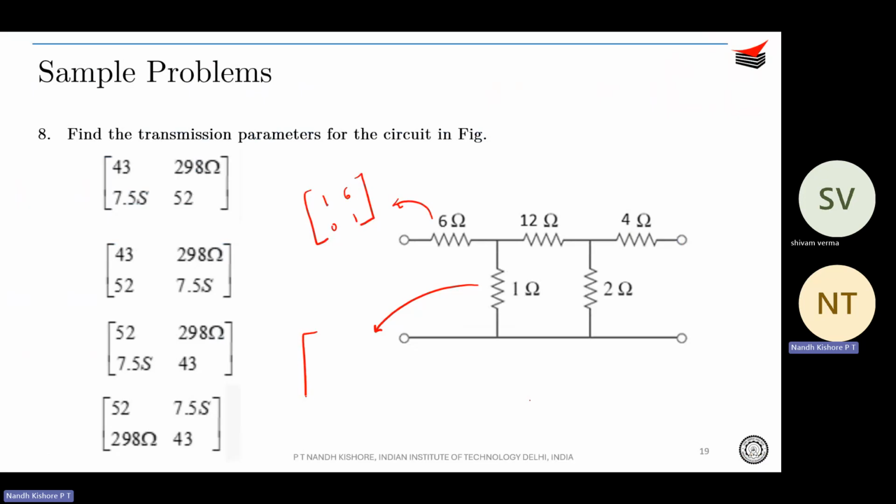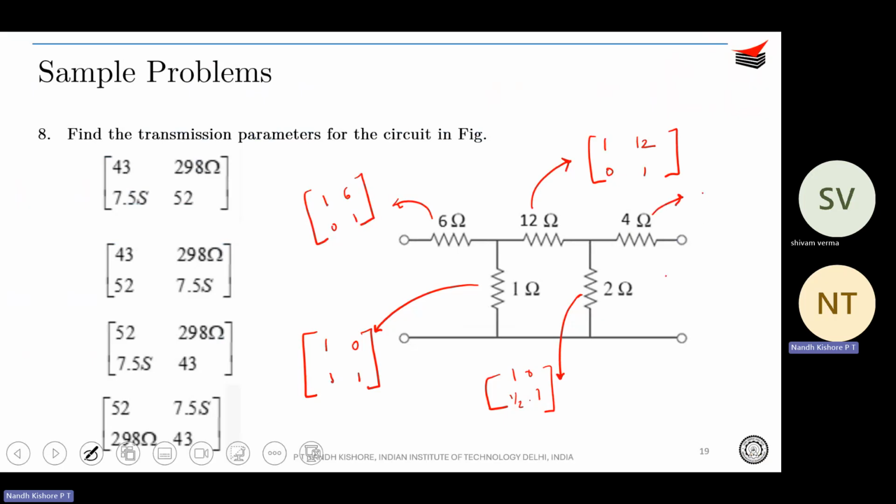And this particular resistor in shunt path can be represented as 1, 0, 1, 1. Likewise, for series elements you have 1, then whatever is the element, and 0 and 1, and for the shunt path you have 1, 0, then 1 by 2, and then 1. Because this is the admittance, therefore you put 1 by 2. And similarly again for the series path, what you end up is 1, 4, 0, 1.